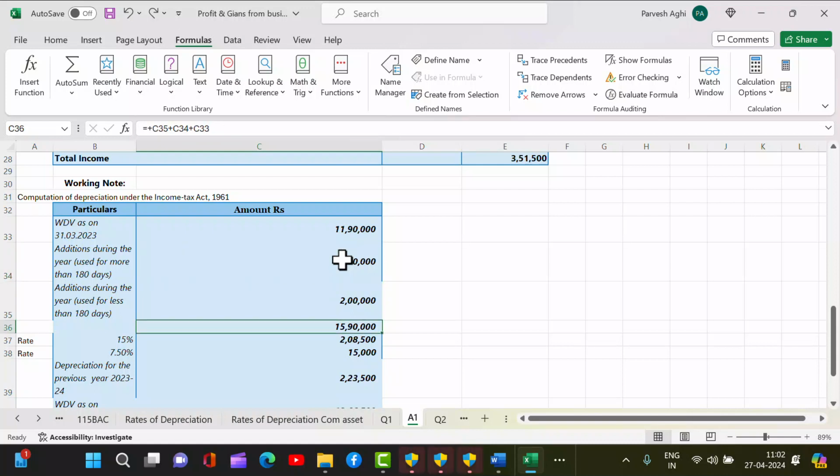Okay. So both are the same in terms of value. So we are going to apply the 15% rate here and the 15% rate here. The 15% rate will basically be on this plus this.